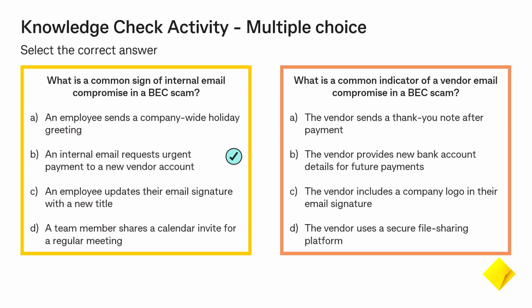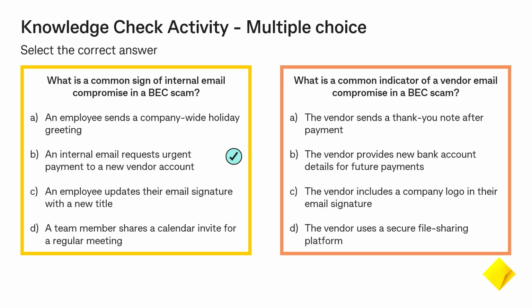Next question. What's a common indicator of a vendor email compromise in a BEC scam? The vendor sends a thank you note after payment. The vendor provides new bank account details for future payments. The vendor includes a company logo in their email signature.